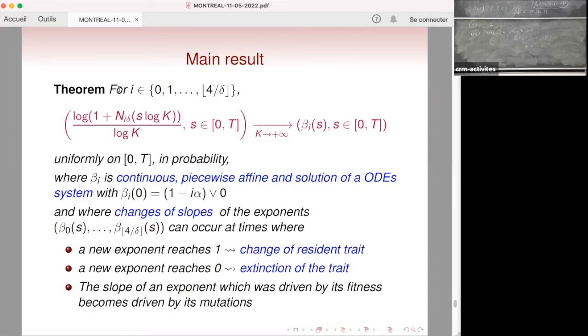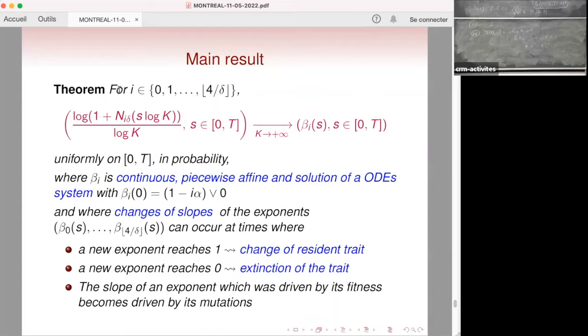So it's a continuous function, piecewise affine, and solution of a certain ODE system, which I will write later. And so we have the initial condition.